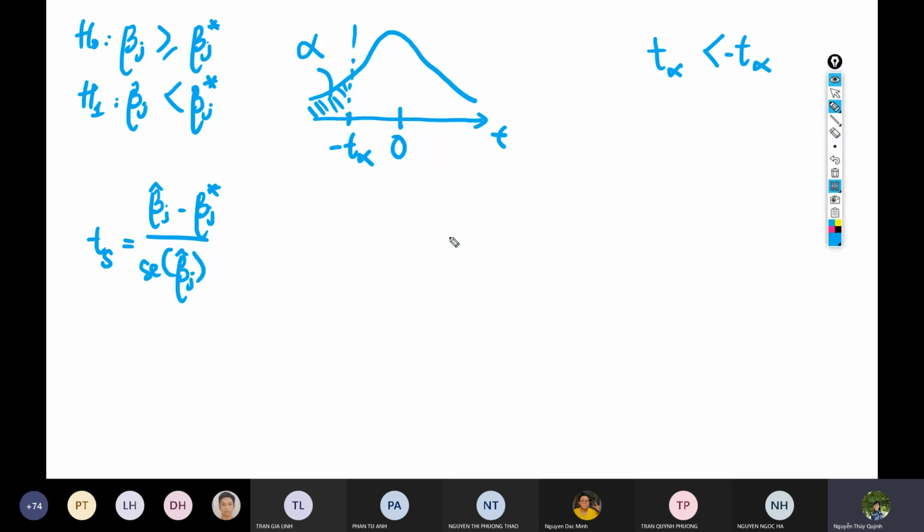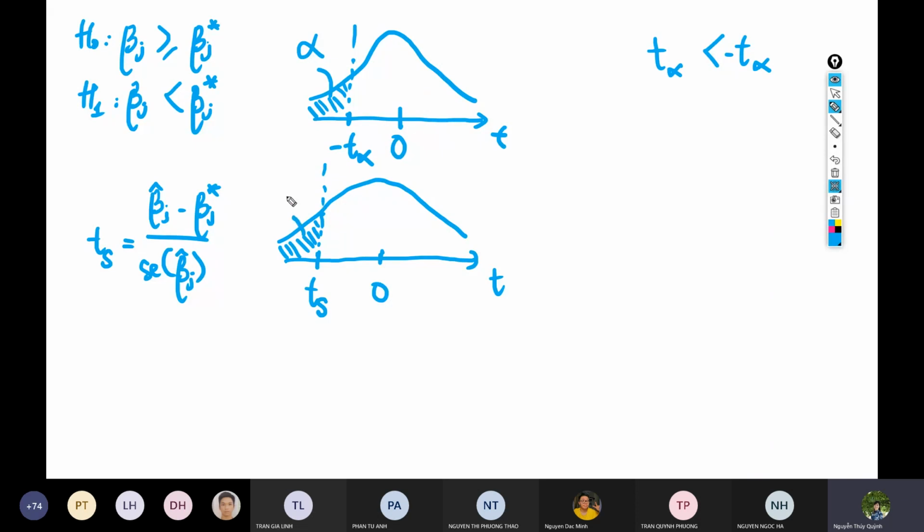The way we determine the p-value associated with this TS is the same as the way you determine alpha. So here's the T distribution. Suppose that our TS is here, for example, then the p-value will be the area to the left of TS for this test.